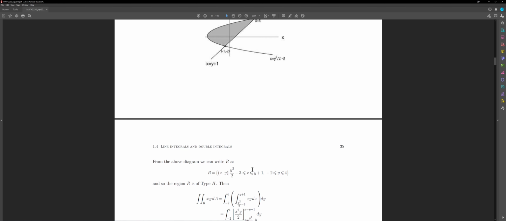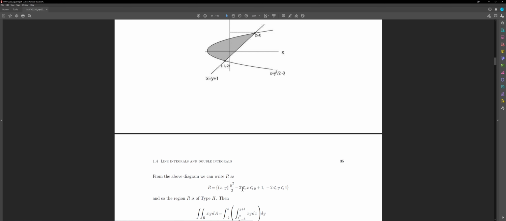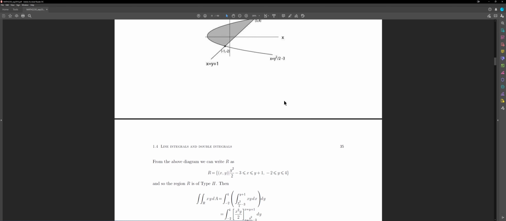Okay, and you're seeing that over here. The top curve is x is equal to y plus 1, which is this straight line here. The bottom curve is x is equal to y squared on 2 minus 3, which is this parabola here. Okay, and then the y value lies between minus 2 over here, and then y is equal to 4 over here, right?